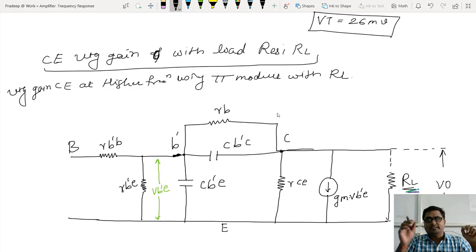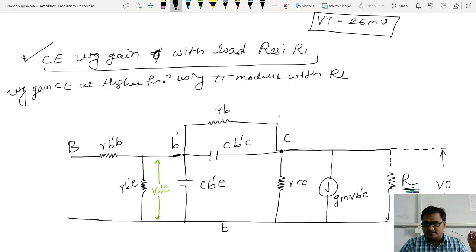Yes, that is the actual meaning. The upper line that I have written is exactly mentioned in your syllabus. But what is the meaning? The meaning is we have to calculate the voltage gain of a CE amplifier at higher frequencies using pi module with load resistor.